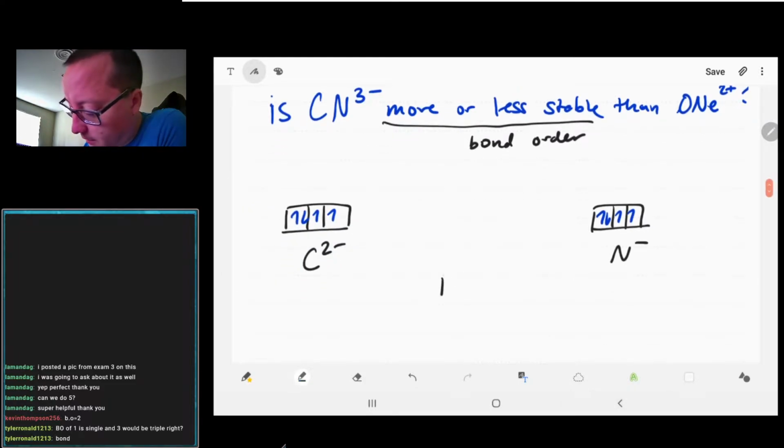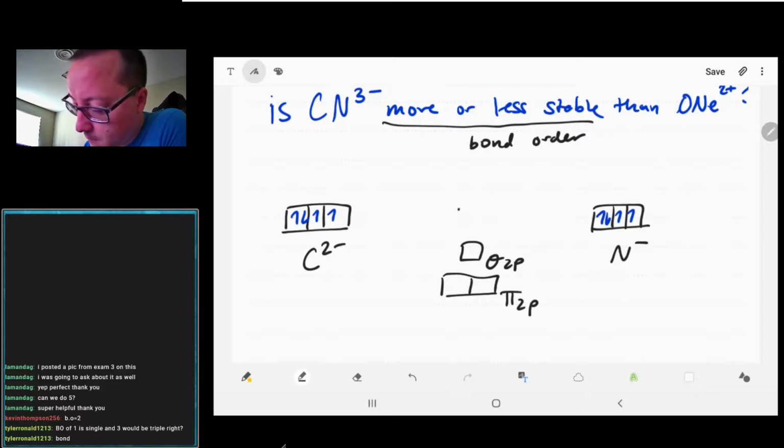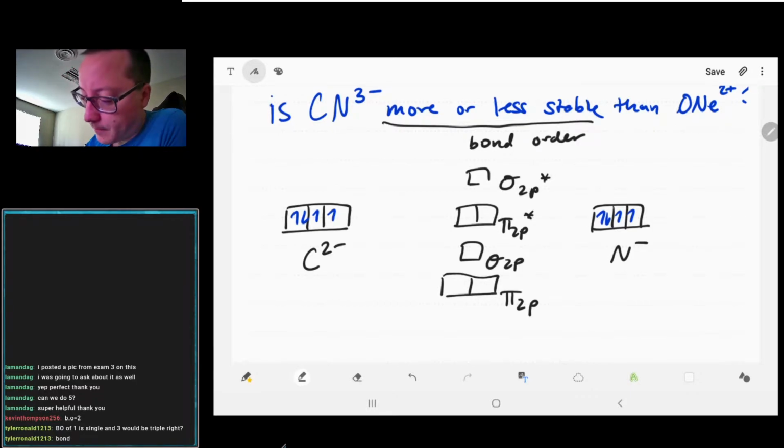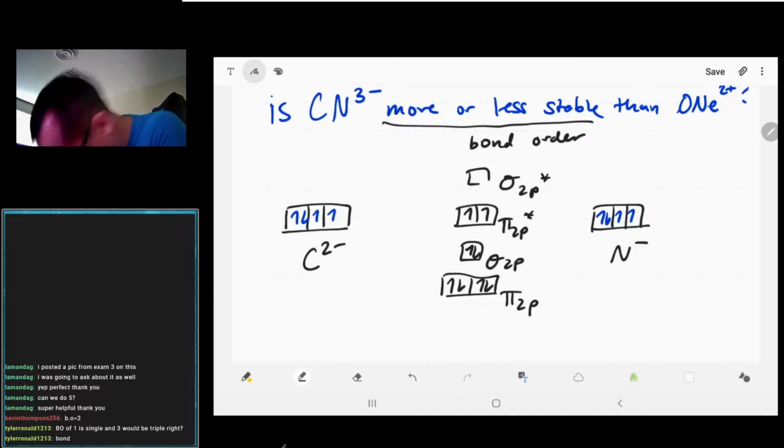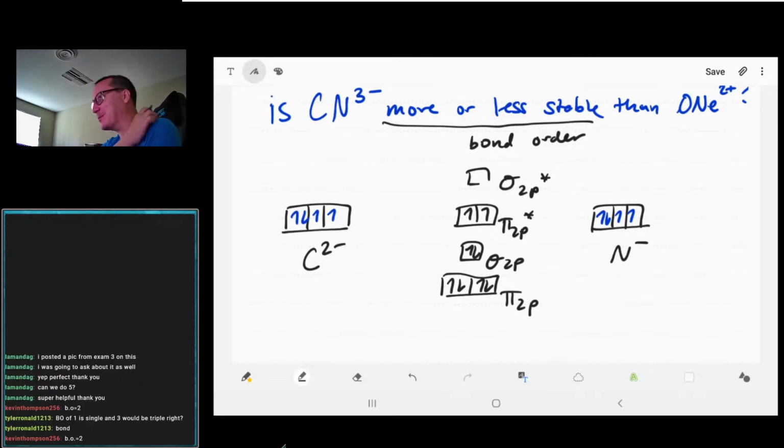Remember that carbon and nitrogen have the pi 2p lower than sigma. All right, we have 8 electrons. 1, 2, 3, 4, 5, 6, 7, 8. Oh crap, it's the same thing. Oh well, this was not intentional, but we're going to end up with the same bond order as before.